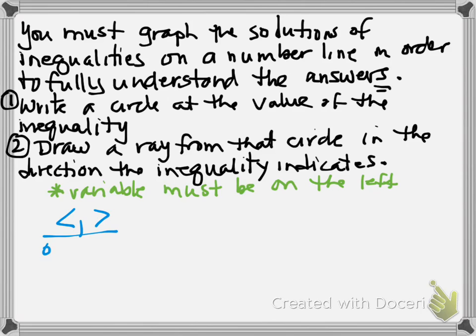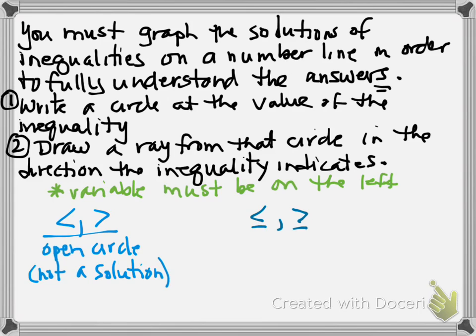So this would give us an open circle. I'm going to write in here, not a solution. And then my other pairing would be less than or equal to, greater than or equal to. And this one would be what we call a closed circle.